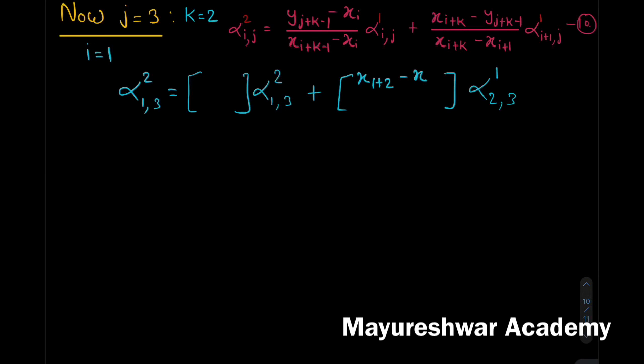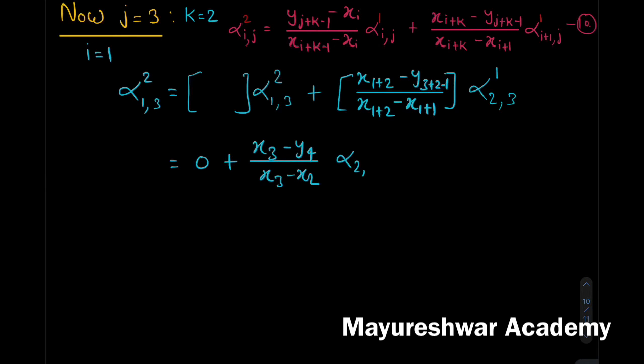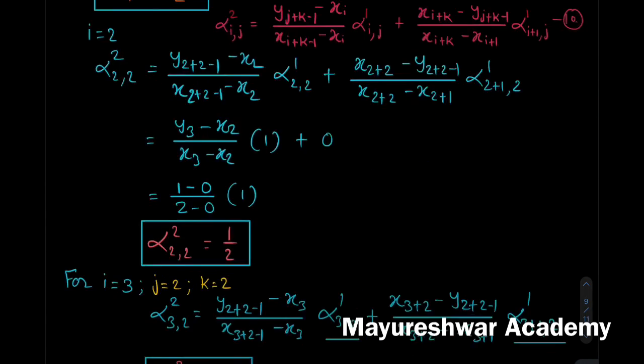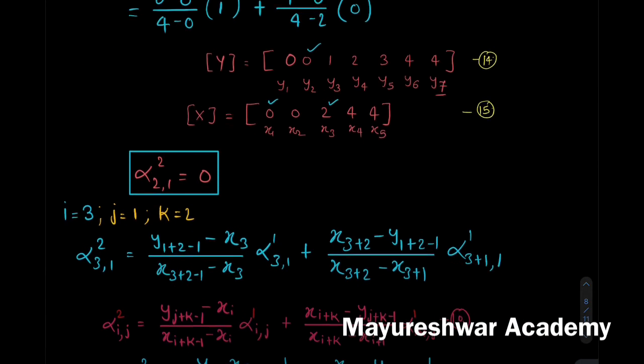Okay, so x1 plus 2 times y3 plus 2 minus 1, divided by x1 plus 2 minus x1 plus 1. So this term will remain. In short this is 0, plus x3 minus y4 divided by x3 minus x2 alpha 2 3, which is the unit value. Okay, so let us again go back and check for values of x3.